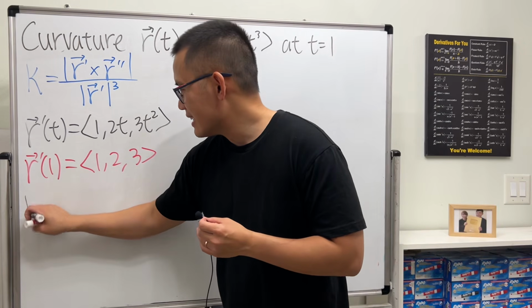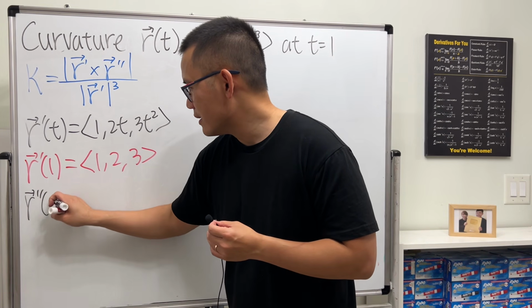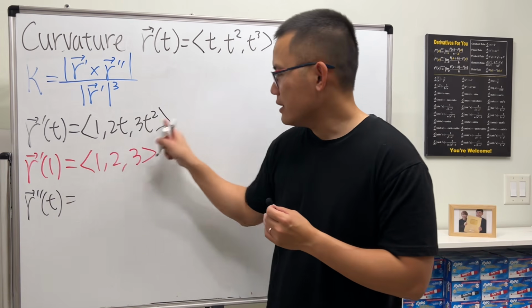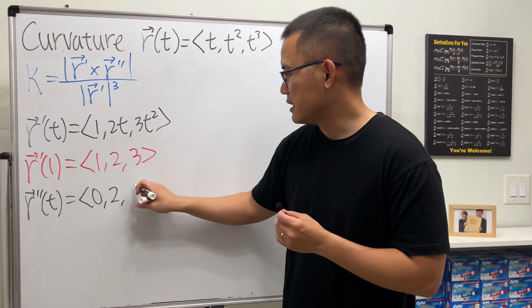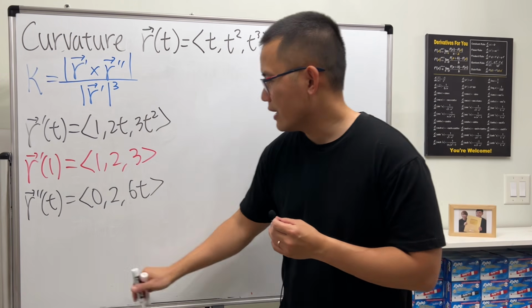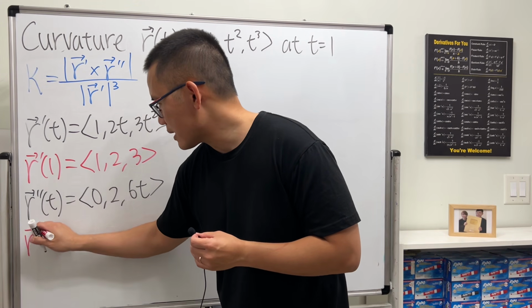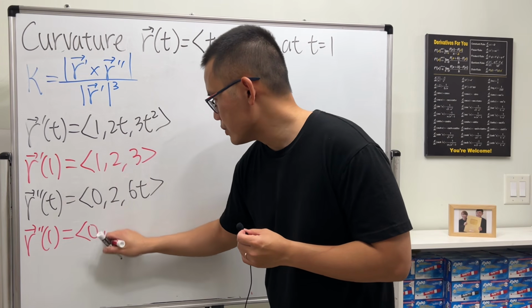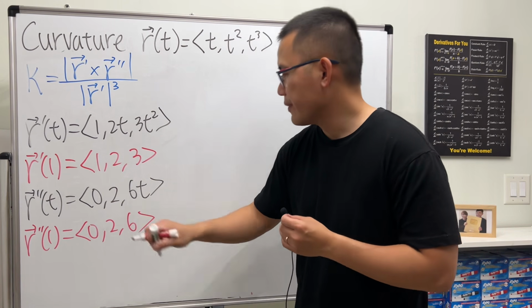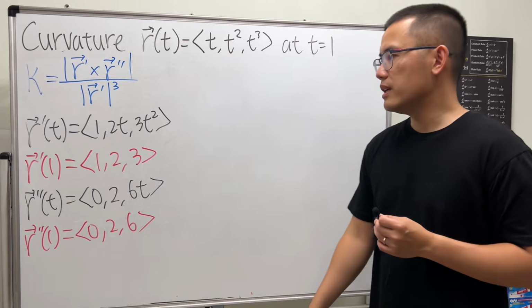Then let's get the second derivative. We get 0, 2, 6t. Then we plug in 1, so we get 0, 2, and 6. And now we have all the ingredients.